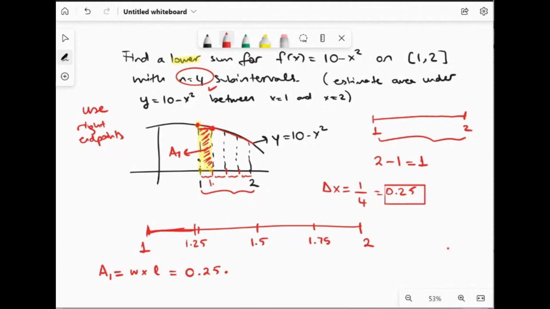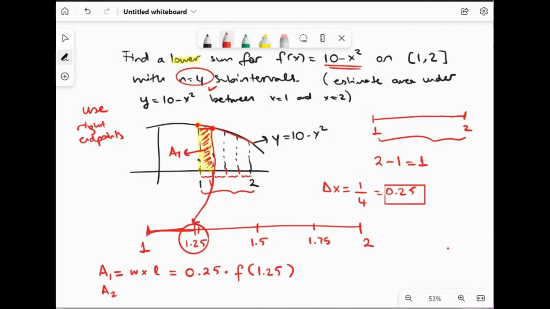We will find it by plugging the right endpoint into the y function. This will give us the height of this rectangle, the y value at this right endpoint, and we multiply it with the width. So that's going to give us the area of the first rectangle.